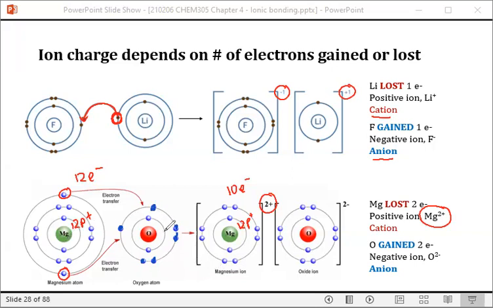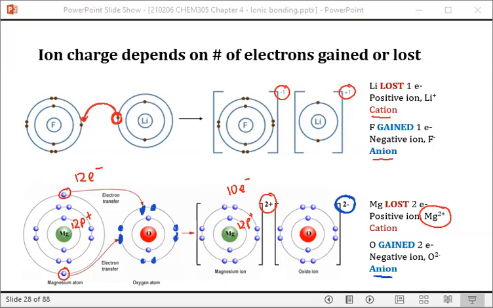So magnesium and oxygen get along great, because magnesium is ready to give up 2 to get to a full octet, and oxygen is ready to accept 2 to get to a full octet. So magnesium can transfer its 2 electrons to oxygen. Oxygen gained 2 electrons, so it gained 2 negative charges. So now oxygen has a charge of 2-. And it's an anion because it's negatively charged.